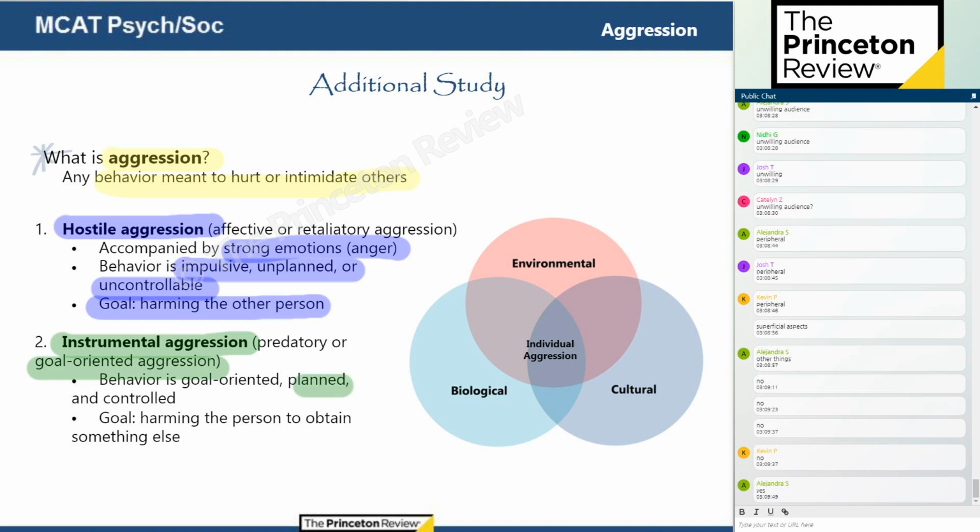It's planned. It's controlled. The goal is to get something. And if people get hurt in the process, so be it. The intent is not to physically harm somebody. That's hostile aggression. The main intent of instrumental aggression is to get something.